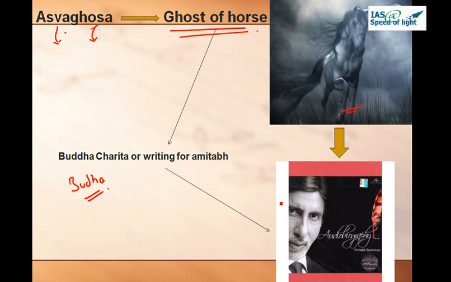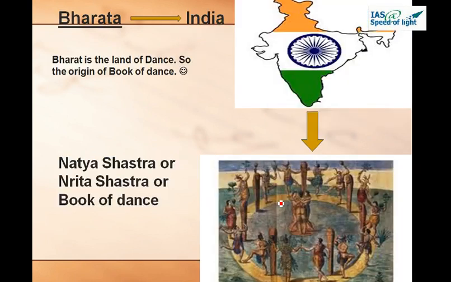See the image where the ghost of the horse is coming in the night and writing the biography of Amitabh Bachchan. Amitabh Bachchan is Buddha for us. Buddha Charitra, who is writing? The ghost of horse, or Ashva Ghosha.